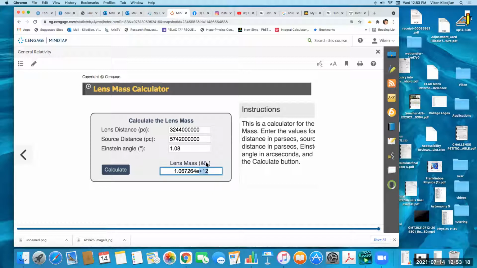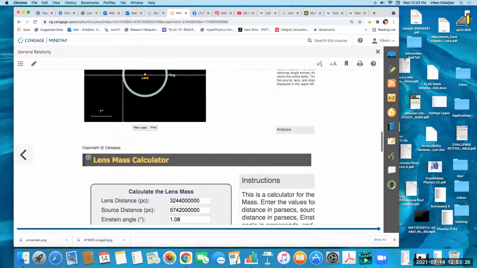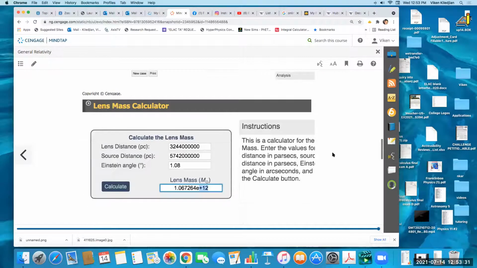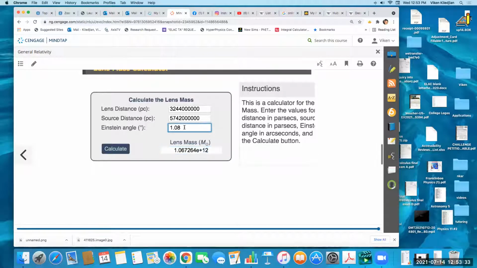Imagine how heavy that is. That means its gravity is so strong that it's able to bend that light and create an arc that is 1.01 arc seconds. So of course the idea is that the bigger the arc, let's say it would create at 1.45, the mass would be bigger, right?